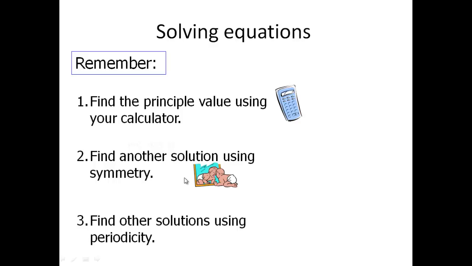For tangent, we needn't bother with this part of the process. We just go straight to using the graph period. For tan, we add or subtract 180 degrees. For sine or cos, we add and subtract 360, remembering with sine and cos, we do that to both the principal value and the symmetry value.